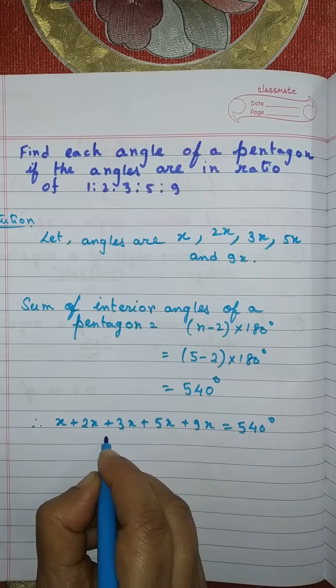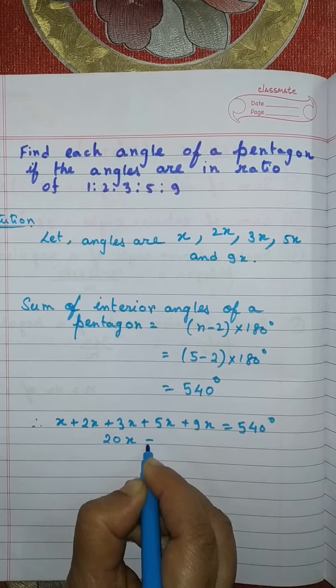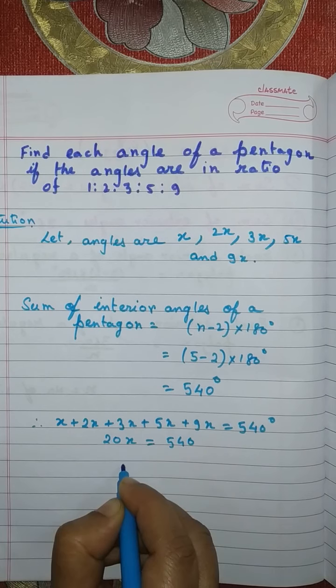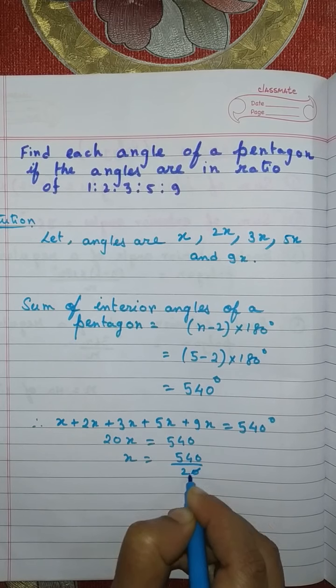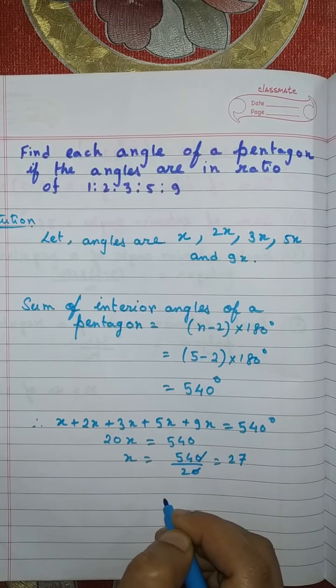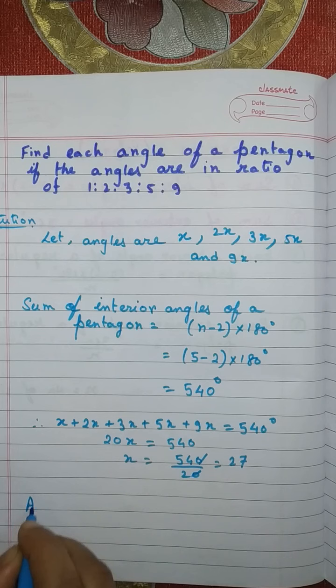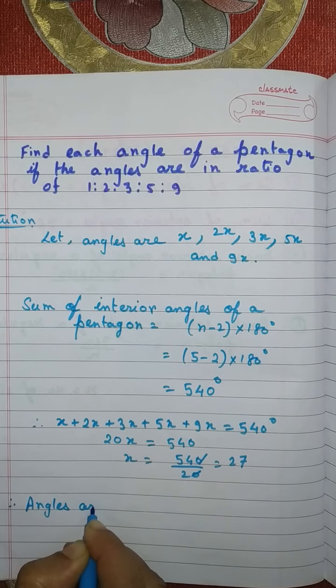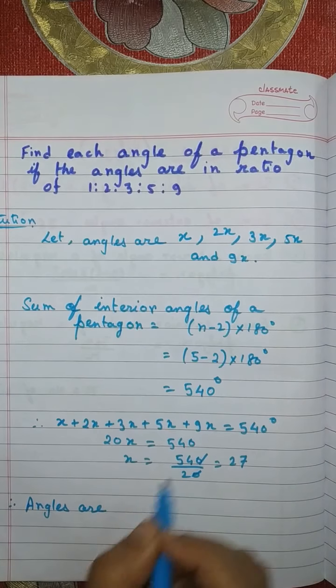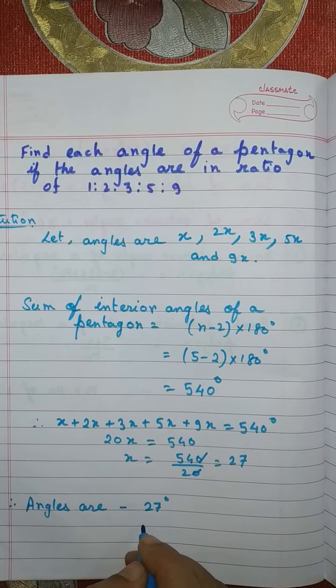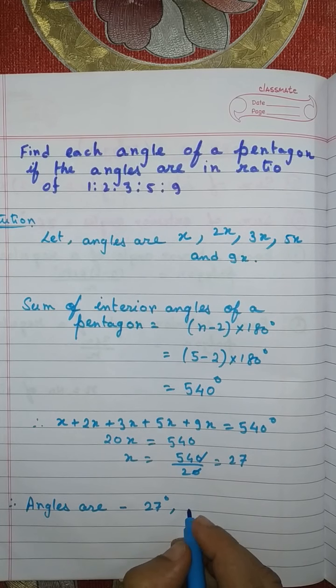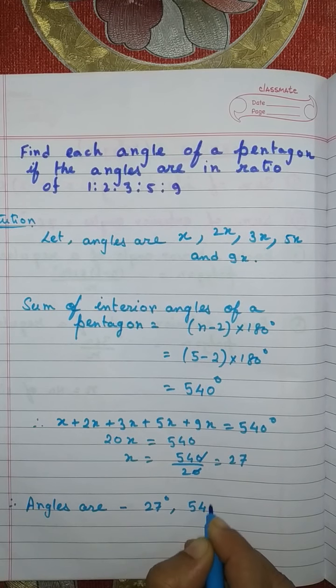20x equal to 540. x equal to 540 upon 20, 27 degrees. So the angles are: first angle is x, that means 27 degrees. Second angle is 2 into 27, 54 degrees.